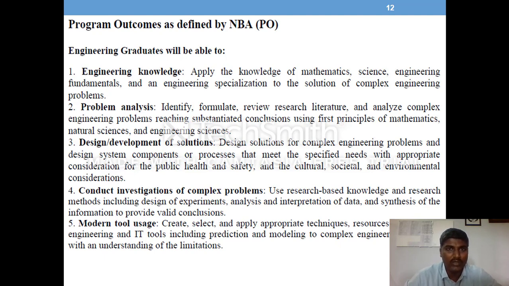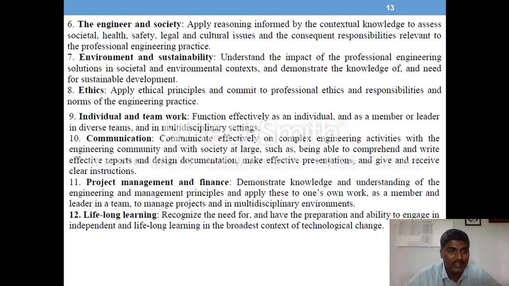There are 12 POs set by the NBA. One is engineering knowledge, then second one problem analysis. So a BTech student is able to gain engineering knowledge, is able to solve problems, is able to design and develop solutions for complex engineering problems.